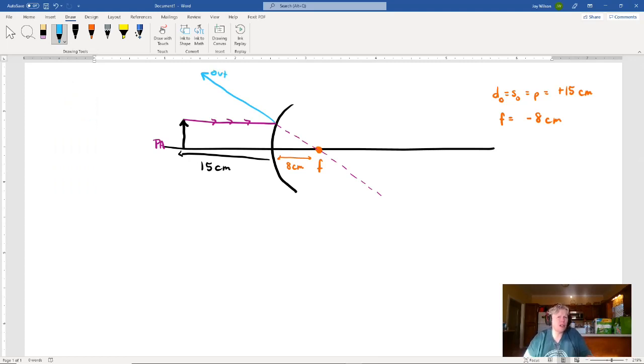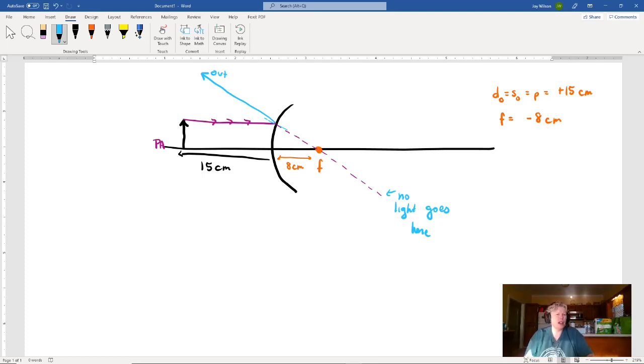So we back trace through the focal point. Light does not go here, no light actually goes here, because that's behind the mirror. But our perception is that when the light bounces off, when we make our little normal ray, those two angles are the same, our perception is that the outgoing ray came from the focal point. That's what it appears to do to us. So that's our first ray.